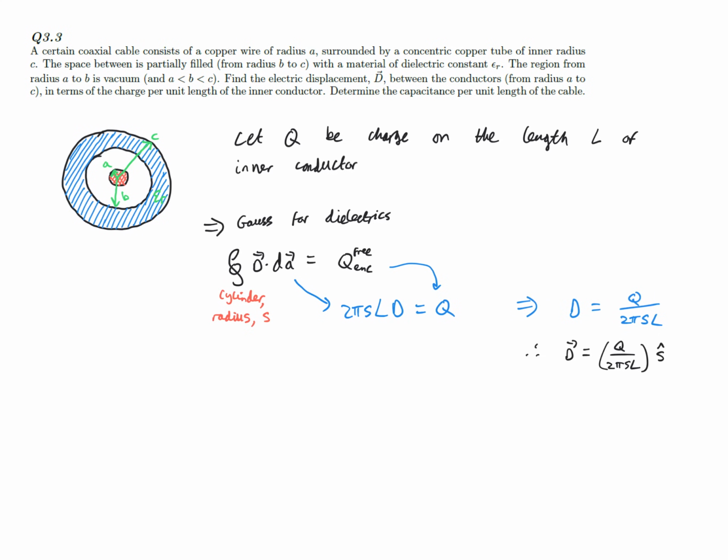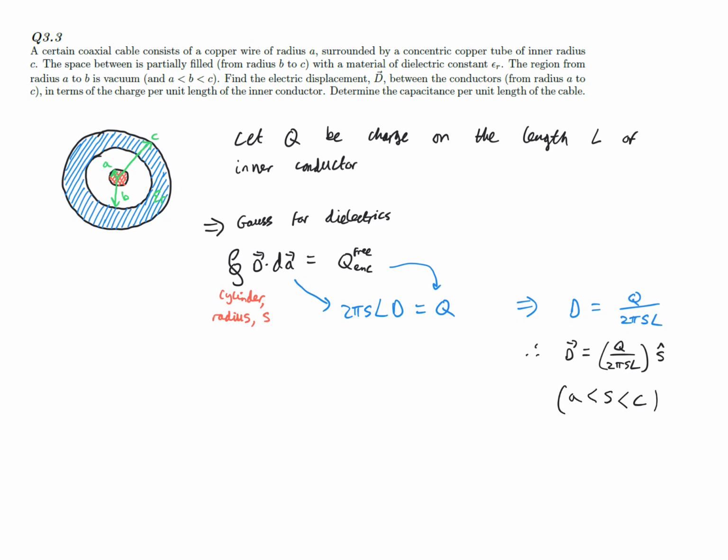Very simple. Our result here for the electric displacement is actually valid in a specific regime. s must be greater than A, and it must be less than C. And that's because what we've done here is use Gauss's law. The charge enclosed is the charge on the inner conductor, that's Q. And therefore the radius needs to be greater than A so that we encompass the full charge of the inner conductor.